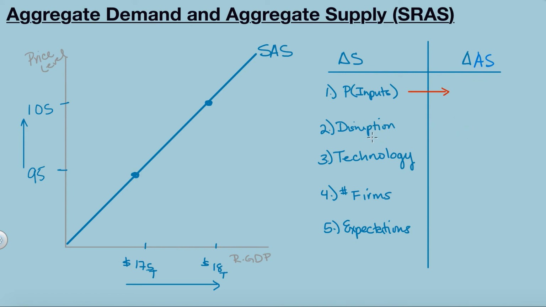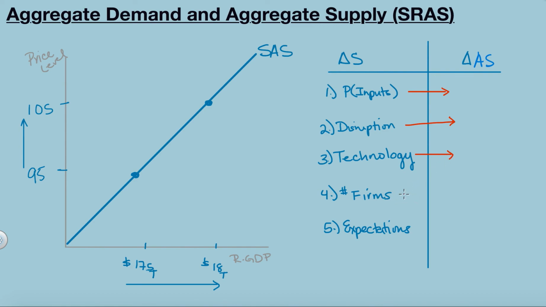What about if there's a disruption to the market? If we have freight companies that are on strike, is that going to affect the quantity of real GDP that is being provided into the economy? Technology. If we have a technological advancement in the United States, as we increase production technology, we increase our short-run aggregate supply curve.